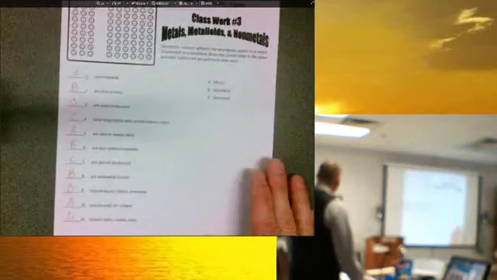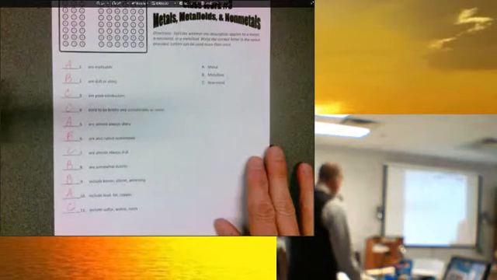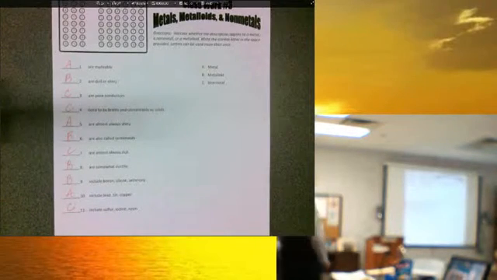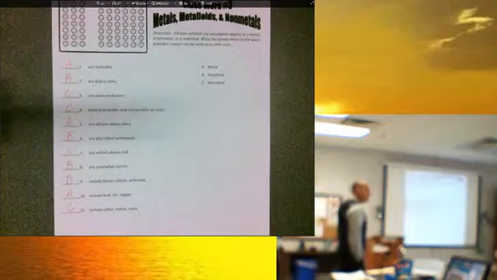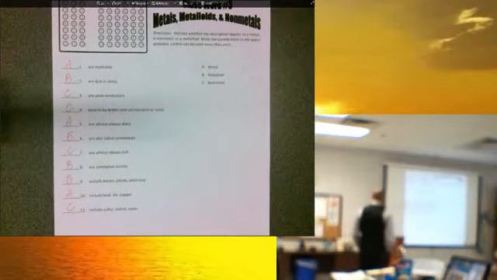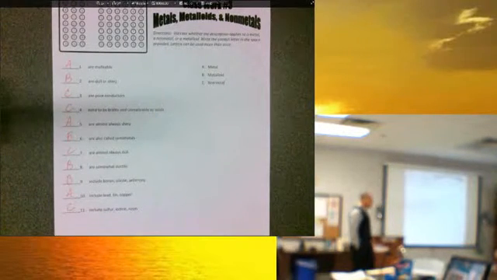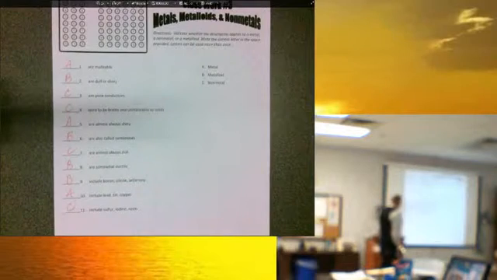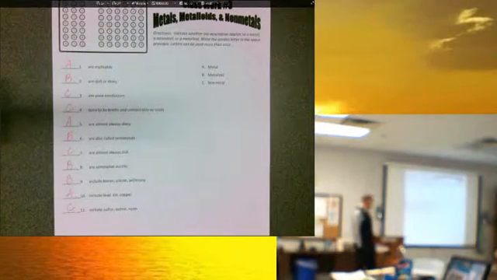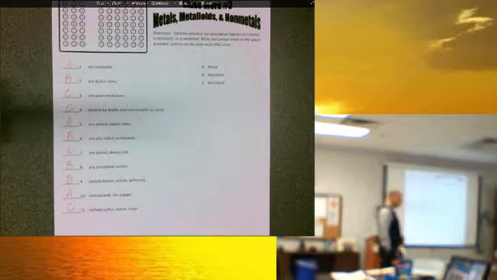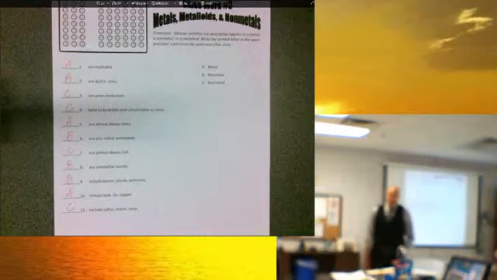Number 1, A. Just put an X if it's wrong, please. Number 2, B. Number 3, C. 4, C. 5, A. 6, B. 7, C. 8, B. 9, B. 10, A. 11, C. Questions?